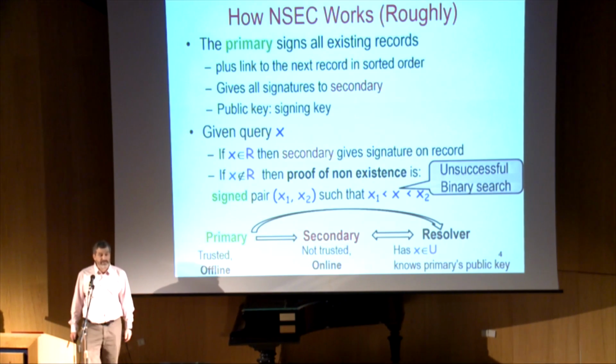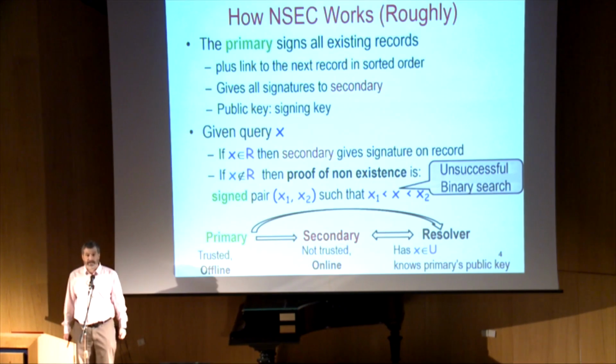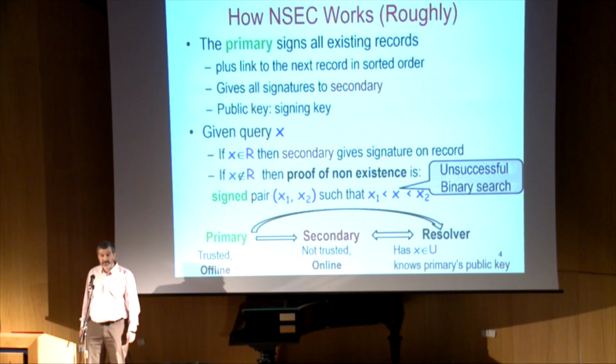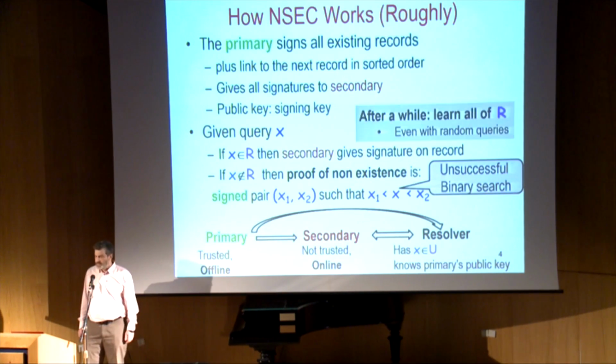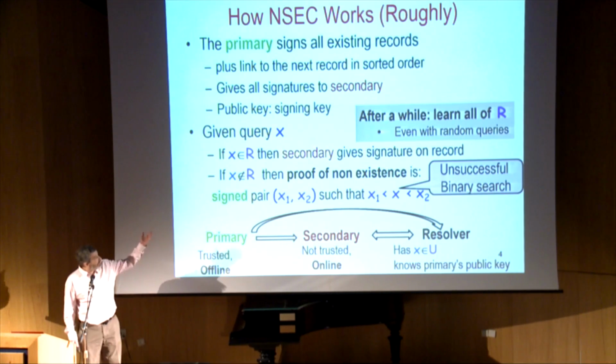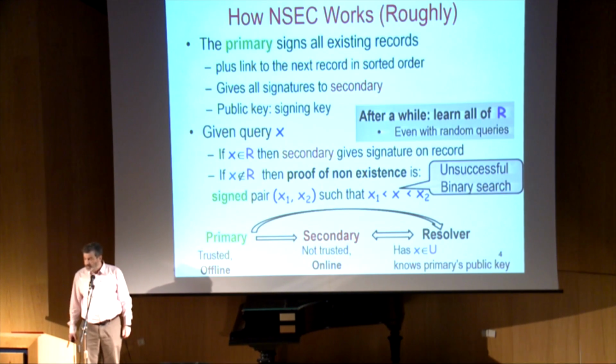As long as the signature scheme is secure, even if the secondary is malicious, you wouldn't get any wrong answers. The problem is, after a while, you learn all the records of R. Even with random queries, after a while, you know all of R.